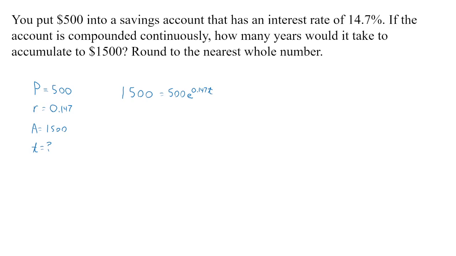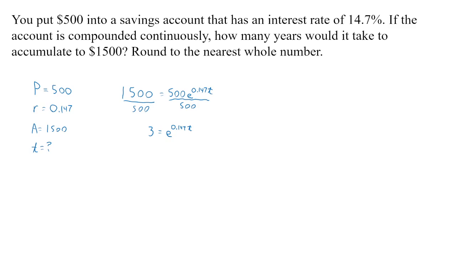So now we're solving for T. We're going to isolate the exponent. We're going to divide both sides by 500. You'll get 3 equals e to the 0.147t.